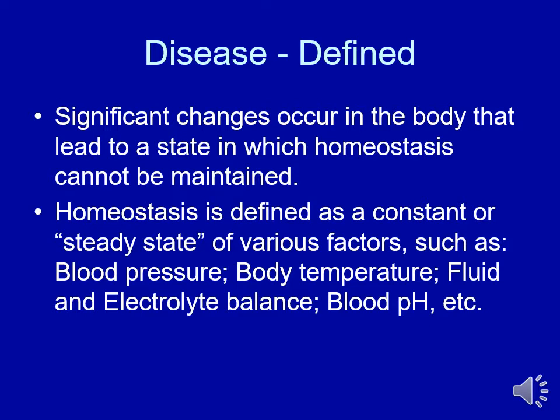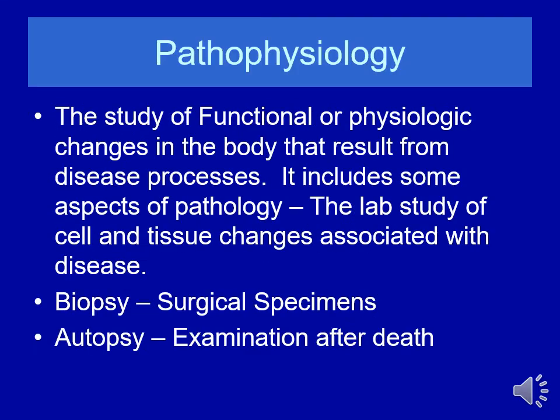But when you fall outside this range, you upset the homeostatic balance, and that could lead to a disease process. So in pathophysiology, we're looking at functional or physiologic, because remember, physiology refers to function, these changes in the body that result from this disease process. So it does include some aspects of pathology.